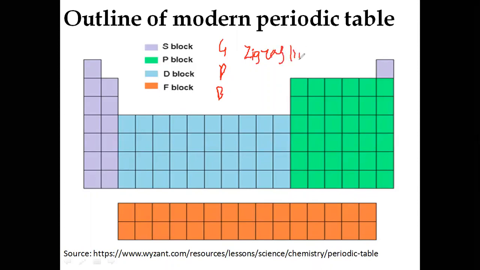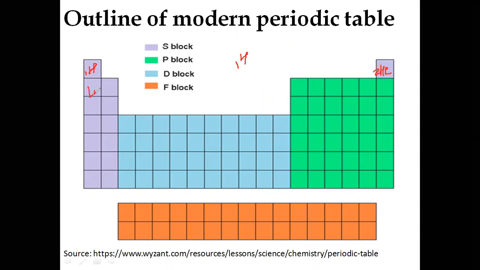But before that, let's try to understand how he arranged the elements in increasing order of atomic numbers. He started with hydrogen, which has atomic number 1. Then we have helium with atomic number 2.